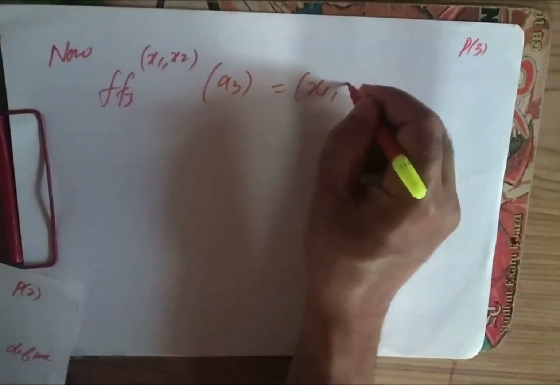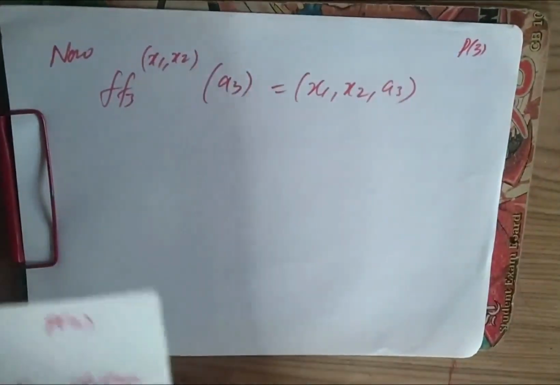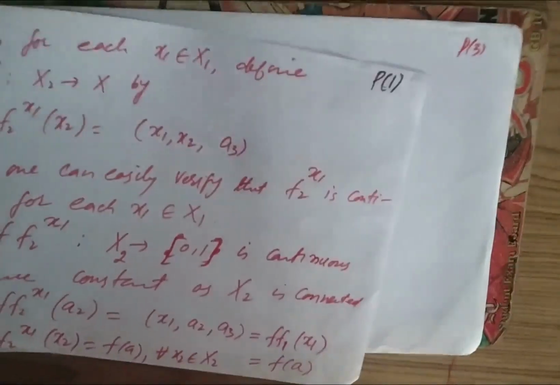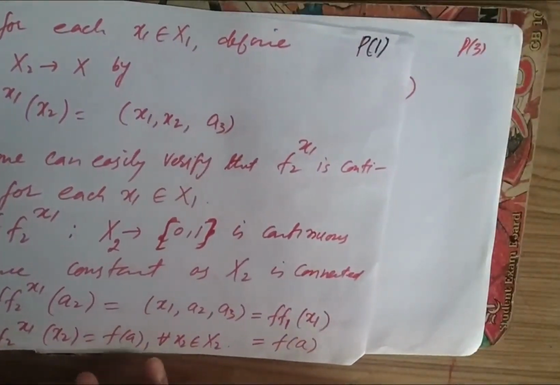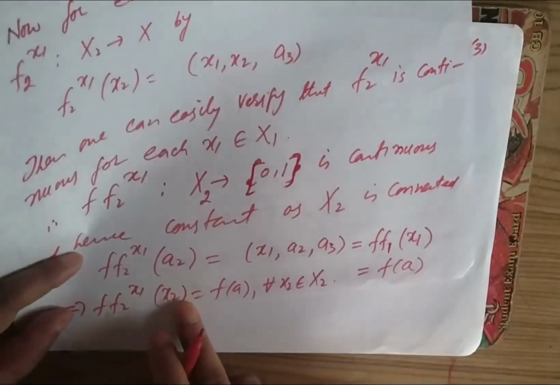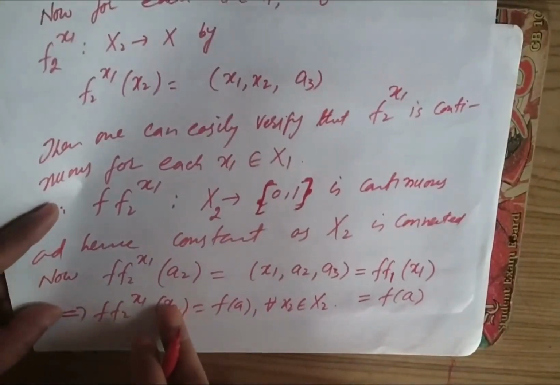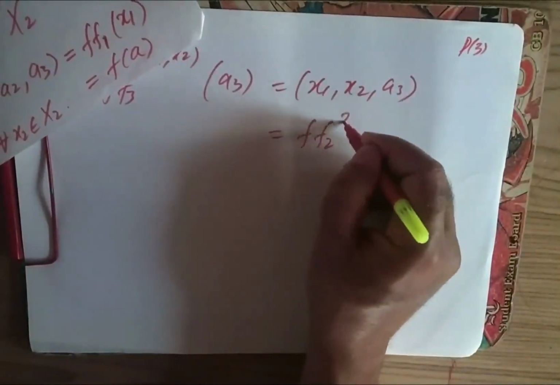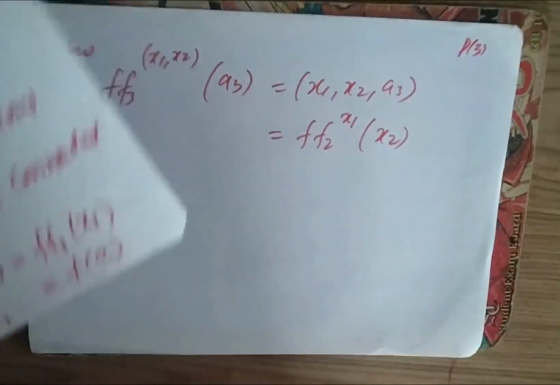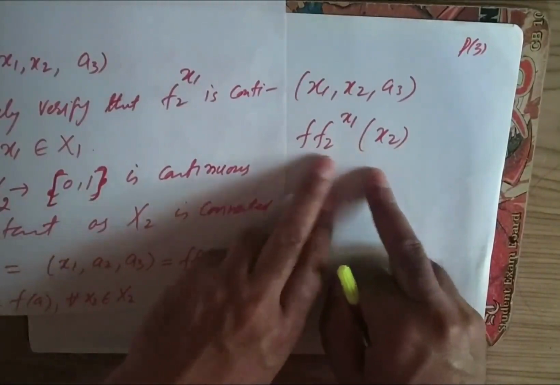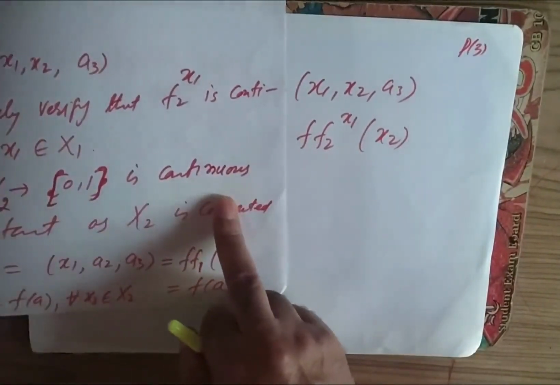Its value is f of (x1, x2, a3). Here you can see it's equal to f∘f2 x1 at x2, because f2 x1 of x2 is equal to (x1, x2, a3), so it's equal to f of (x1, x2, a3), and this is constant.